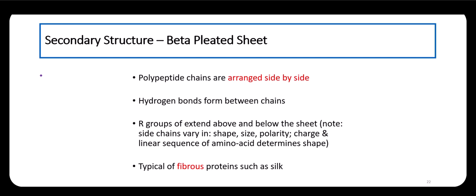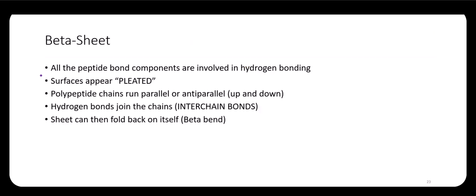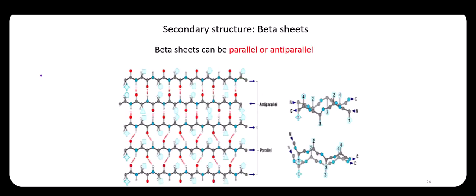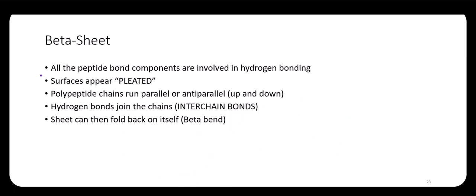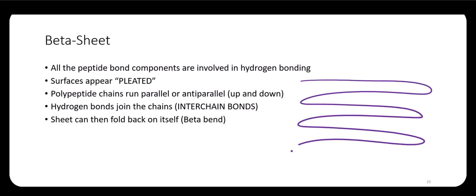Okay, so the next one we're going to talk about is a beta-pleated sheet. I don't know which slide to talk about this on, but whatever. All right, so what I'm going to do this time is take that polypeptide chain and wind it back and forth. And what's going to happen is I'm going to have my little pluses. Let me change the color.